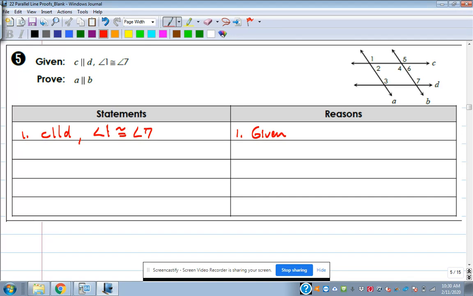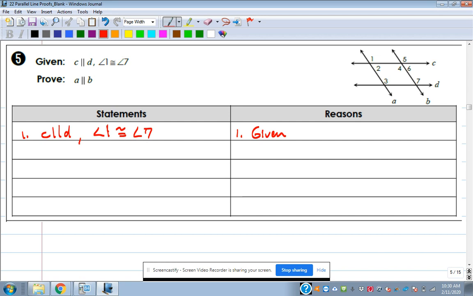And we're trying to prove that A and B are also parallel out of that. So 1 is congruent to 7. Normally not a relationship between 1 and 7 because they're on different transversals. We go back to yesterday and we talked about if they're on different transversals, there's no relationship between them. So we've got to find a relationship to go with that.